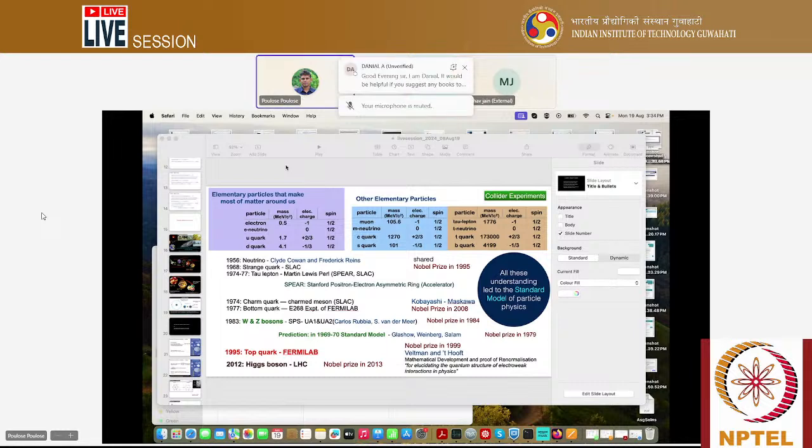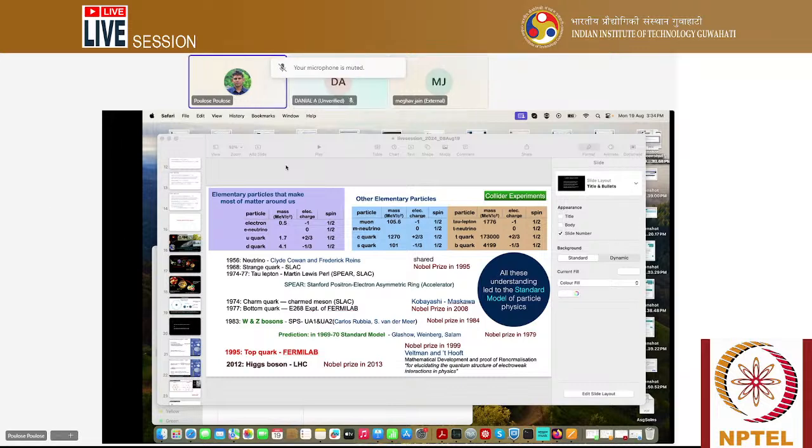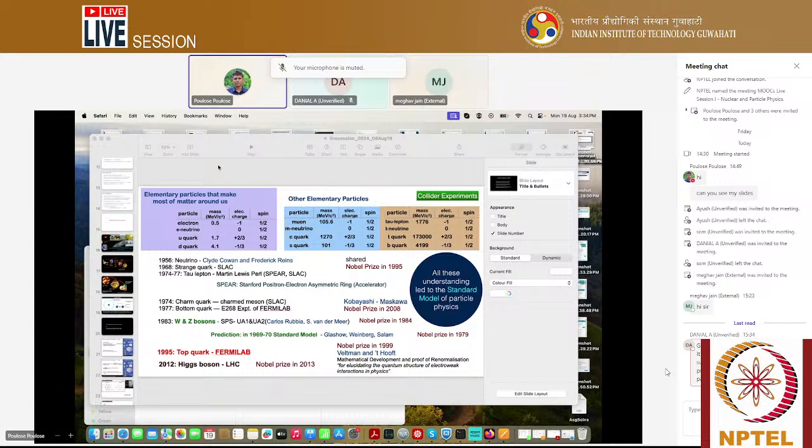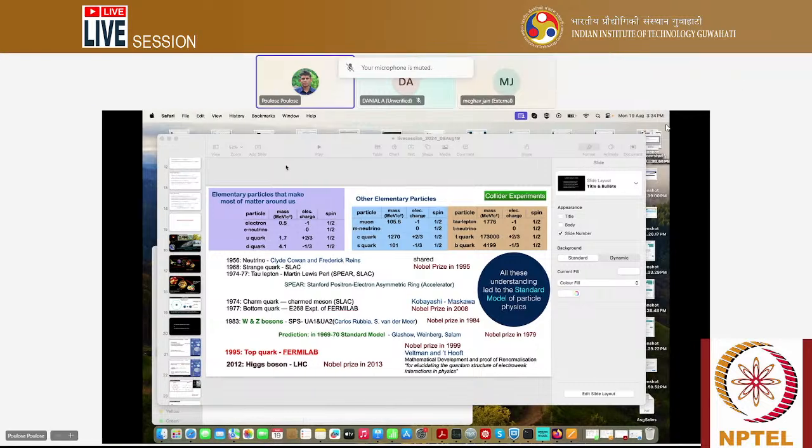Quarks are the ones that make the hadrons like protons, neutrons, etc. And we have the up quark, down quark, charm quark, strange quark, top quark, and bottom quark. Now these quarks are all discovered. All these leptons are also discovered.